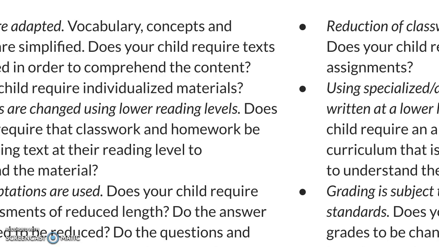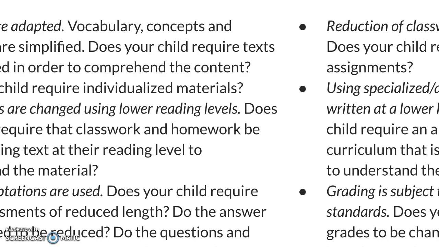We also want to make sure that assignments are changed using the appropriate text. So if it is maybe a 4th grade student reading about frogs, we can give them also a 2nd grade level text with smaller, less complex sentences, less complex vocabulary, and make sure that they're really understanding that material.